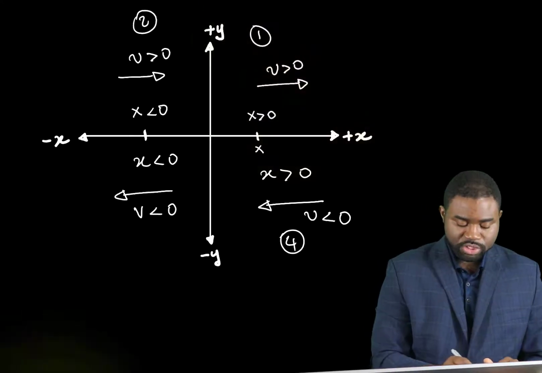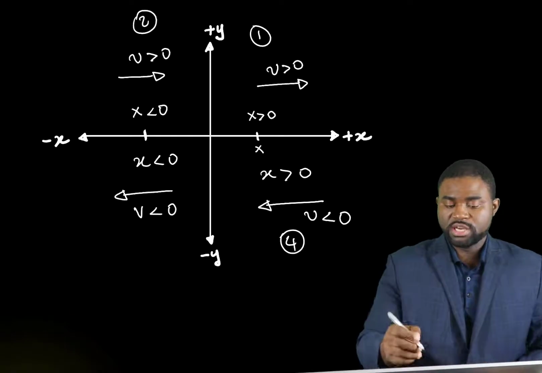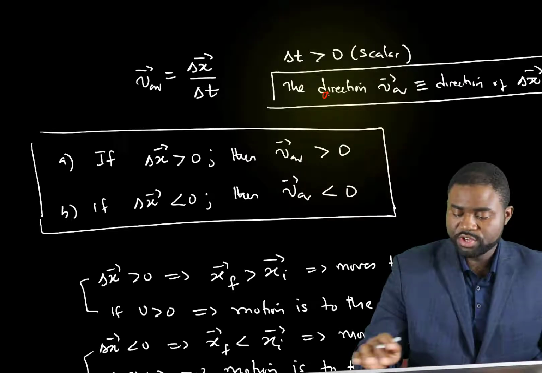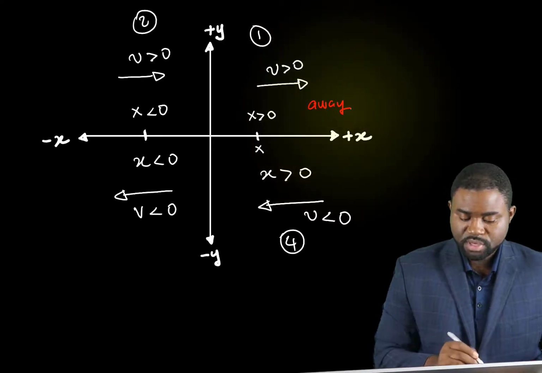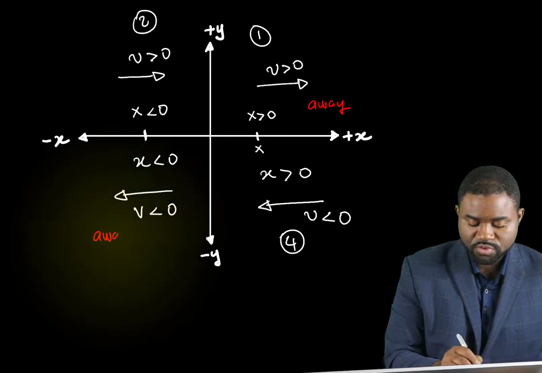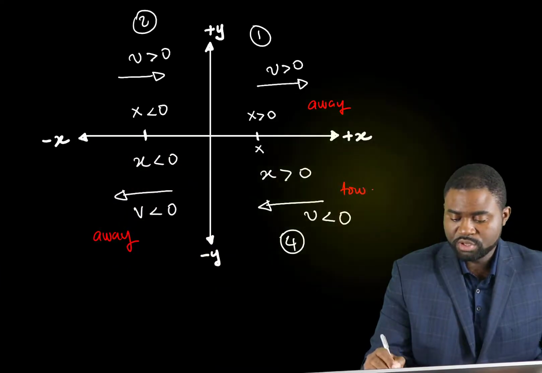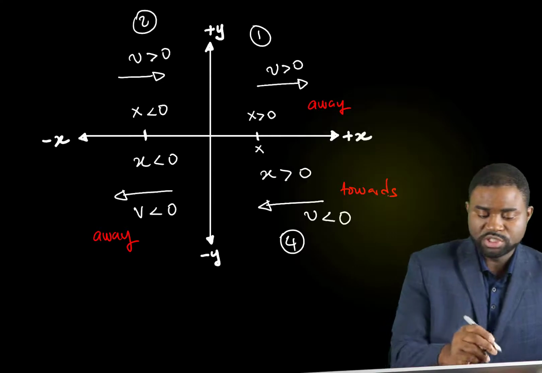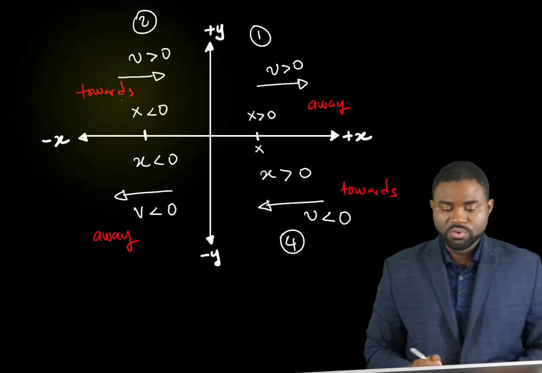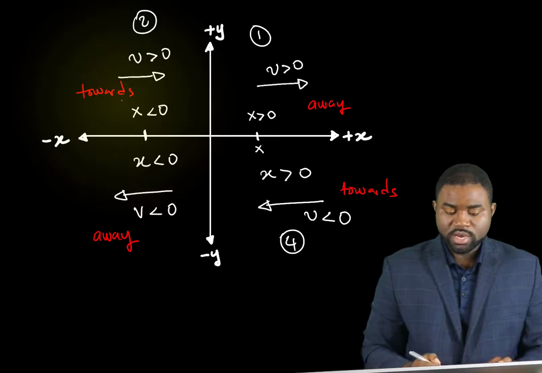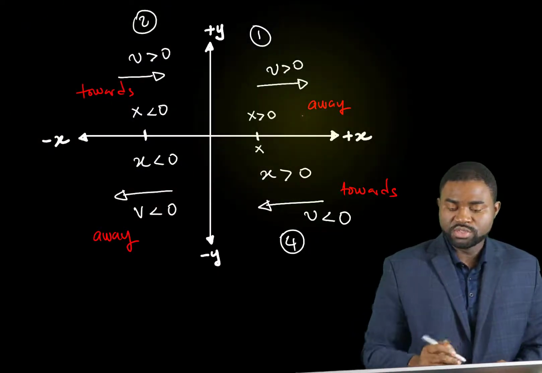So my conclusion is, here the object is moving away from the origin. Here the object is moving away from the origin. Here the object is moving towards the origin, and here the object is moving towards the origin. When you look at away, when the object is moving away, what do you notice?